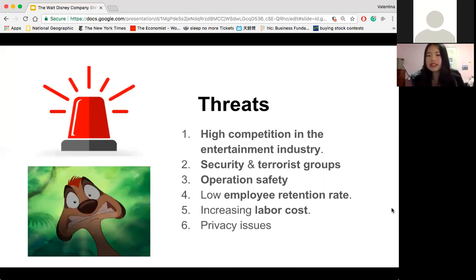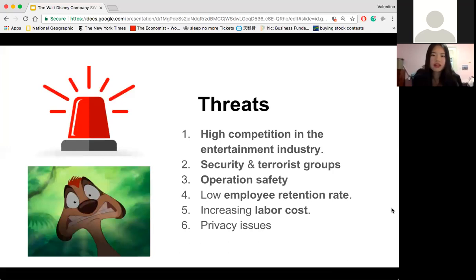Secondly, Disney has a lot of safety issues. One of Disney's concerns is that in the very unstable political climate we are in today, they're worried it could be a target for terrorist groups such as ISIS, since a lot of people go to Disney. It's a very populated place and could be a target for terrorist groups. So Disney is also trying to increase their security process.